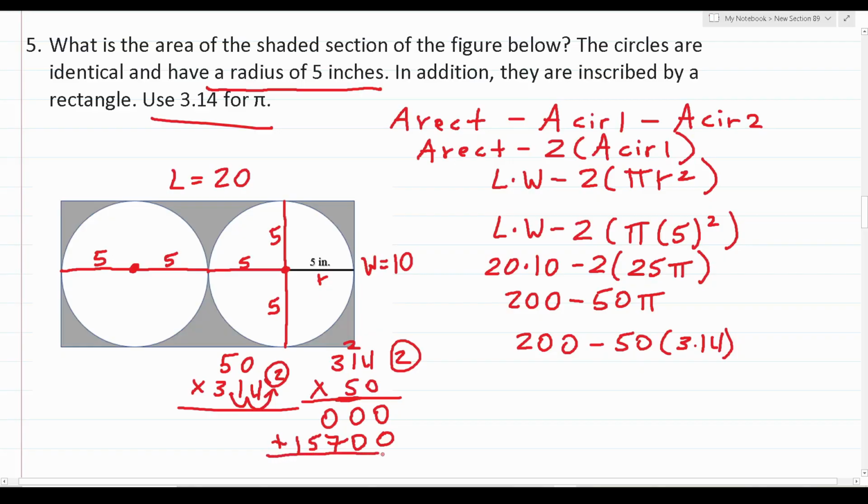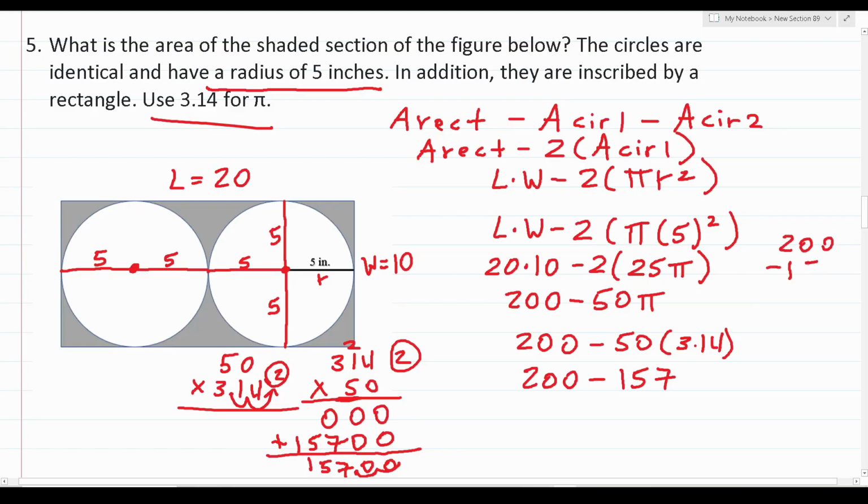Let's add these together. 0 plus 0 is 0, 0 plus 0 is 0, 7 plus 0 is 7, 5 plus nothing is 5, and 1 plus nothing is 1. Bring in our 2 decimals: 157.00. So we can see that 50 times 3.14 is 157.